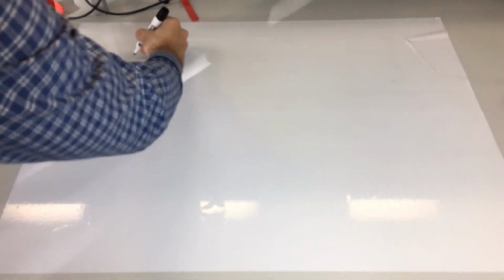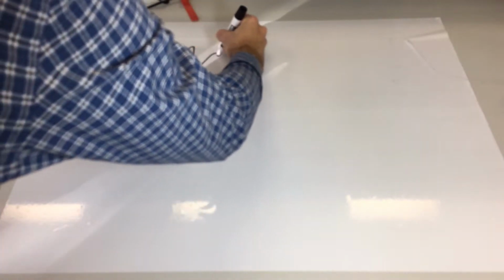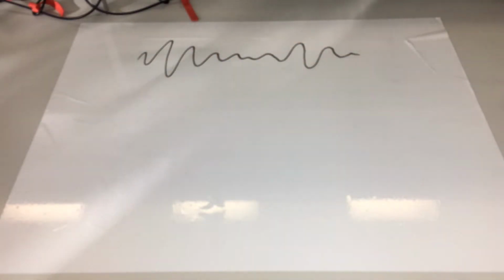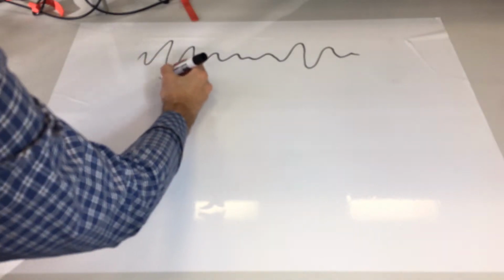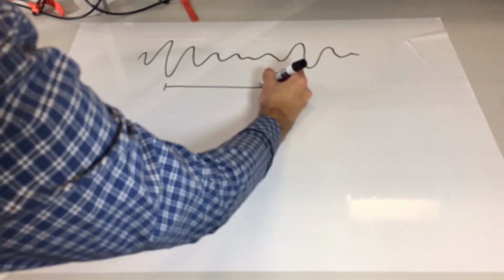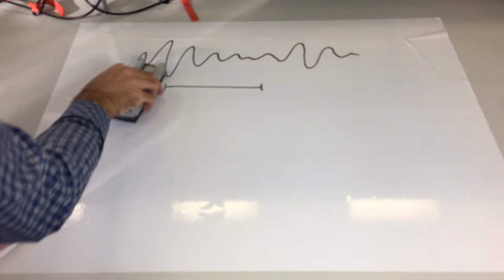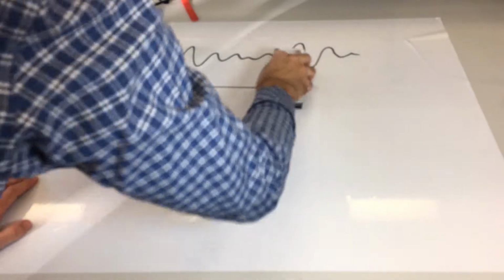Let's say we have some waves that look a bit like that. What the spectrogram does is first take a window of that data. Let's say the window goes from here to here. So therefore, we can rub out the stuff that's not contained within it.